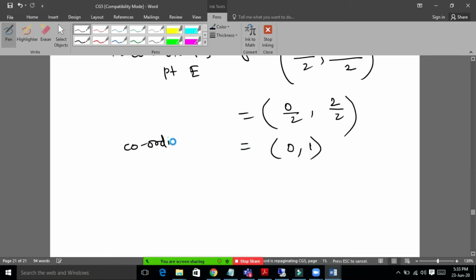These are the coordinates of the point E, so we write down on the left hand side what we have found out, that is (0, 1).